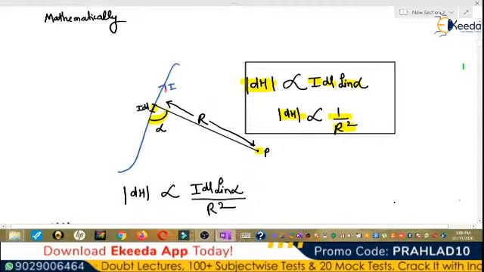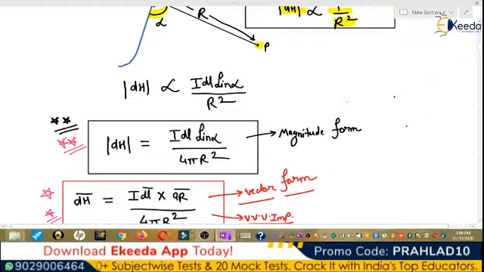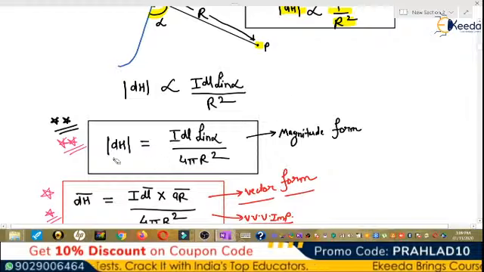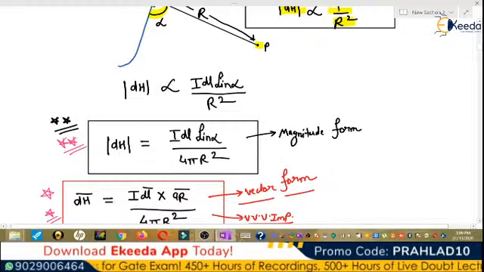So mod of dH is proportional to I dl sine alpha by r square. When we remove the proportionality, a constant appears here, and the constant is 1 over 4 pi. So mod of dH is equal to I dl sine alpha by 4 pi r square. This is the magnitude format.